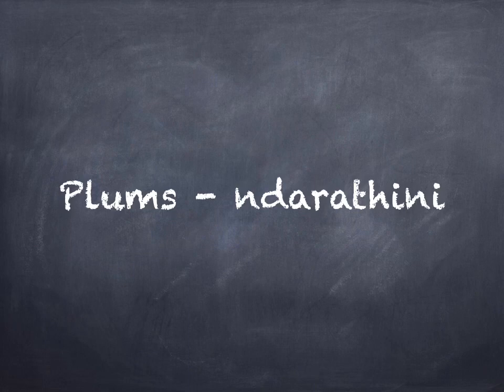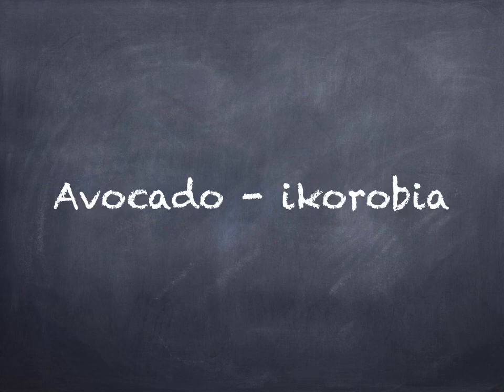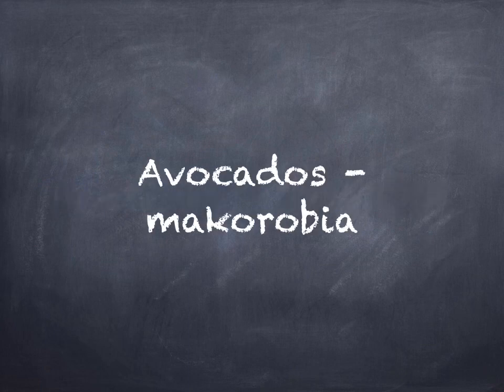Plums is daradini. Lemon is dimo. The mighty avocado is known as ikorofia, and makorofia for the plural.